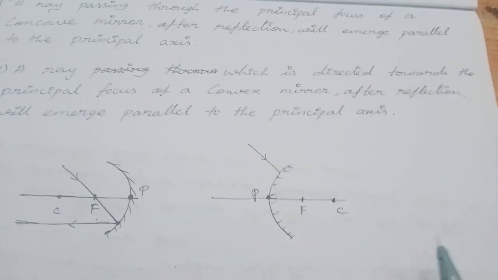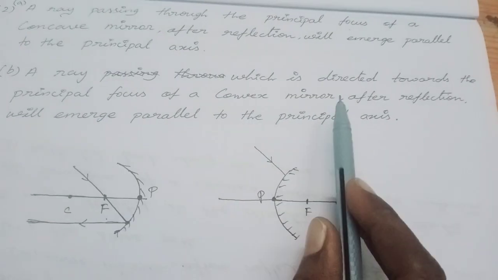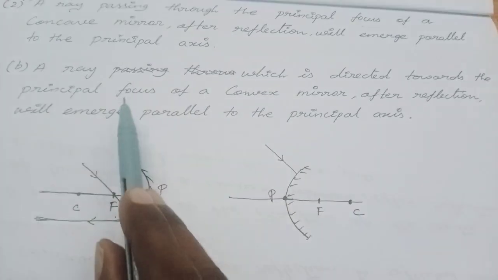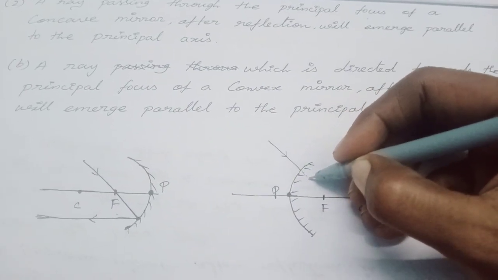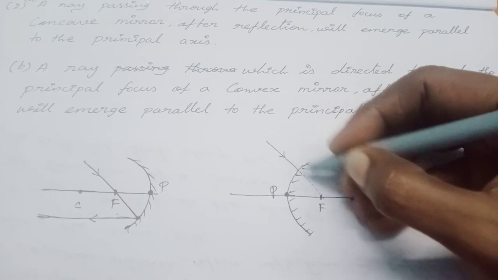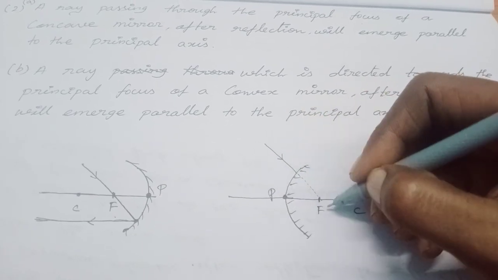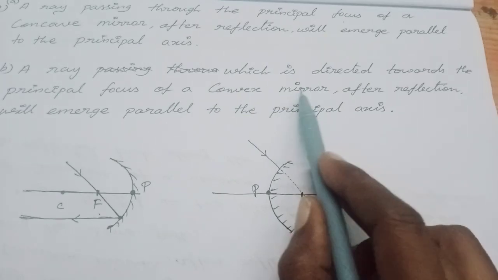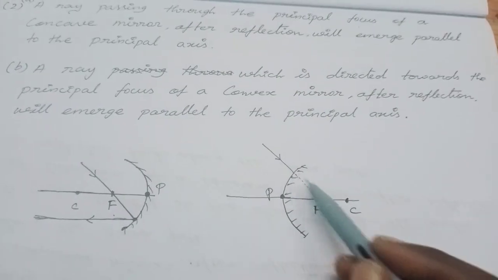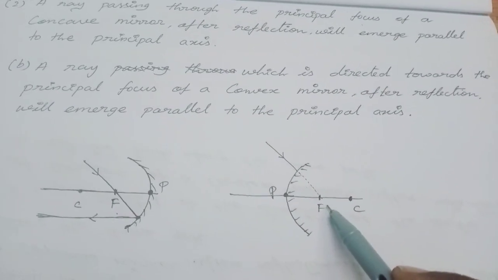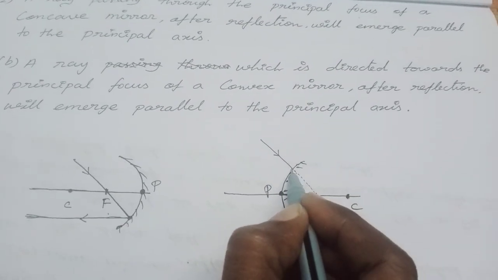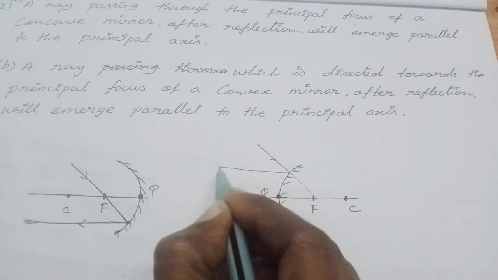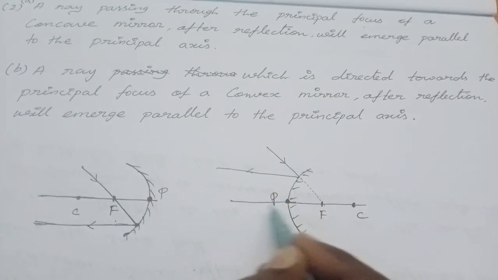See, the ray which is directed towards the principal focus. It means it seems to be passing through the focus. So for the ray directed towards the principal focus of a convex mirror, after reflection, what will happen? It becomes parallel to the principal axis.